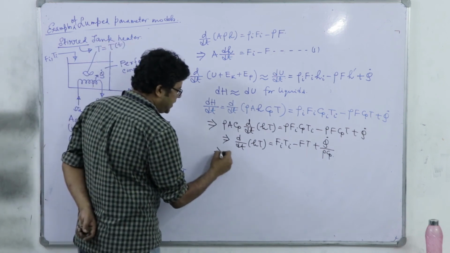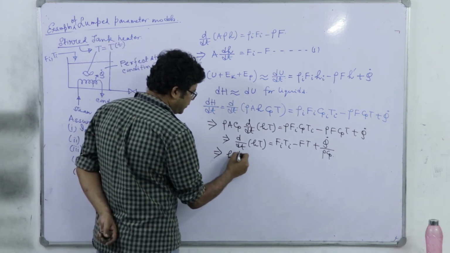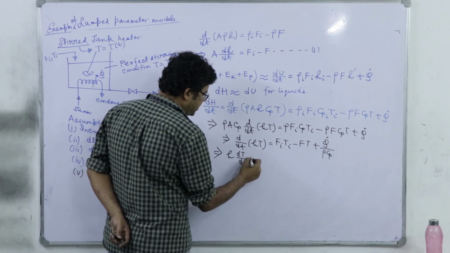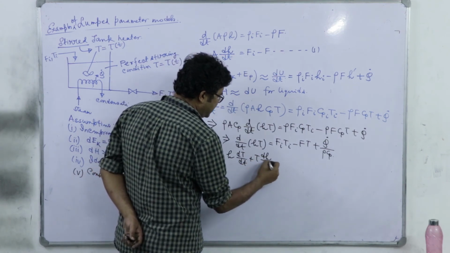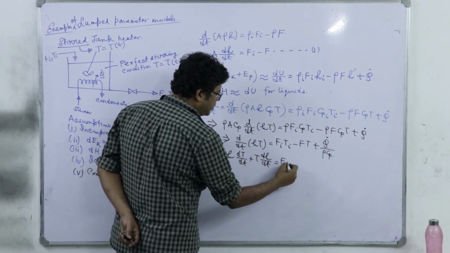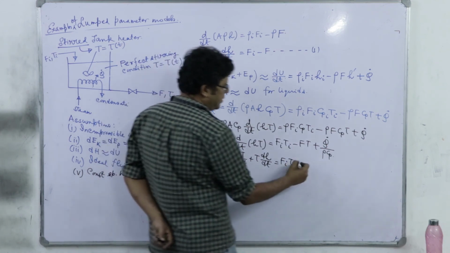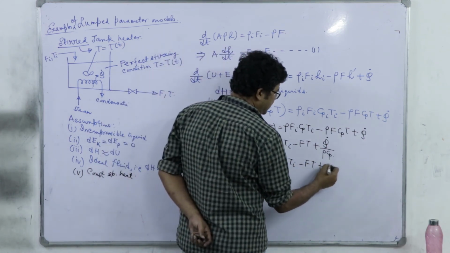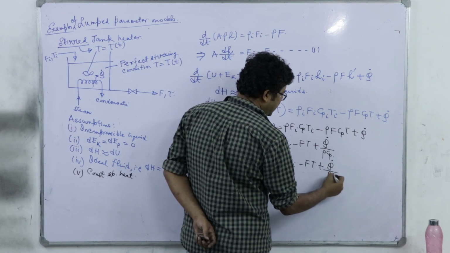Next we will split this derivative into two. So, A h dT/dt plus A T dh/dt is equal to Fi Ti minus F T plus q dot divided by rho Cp.